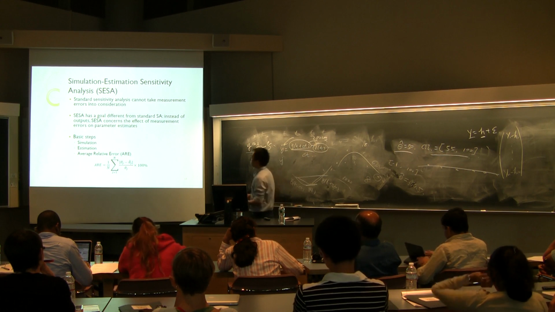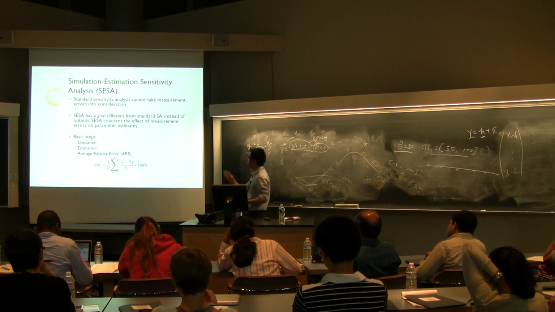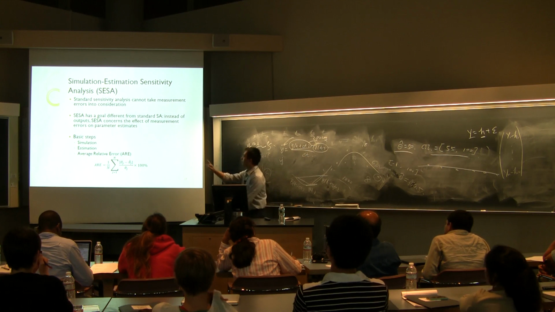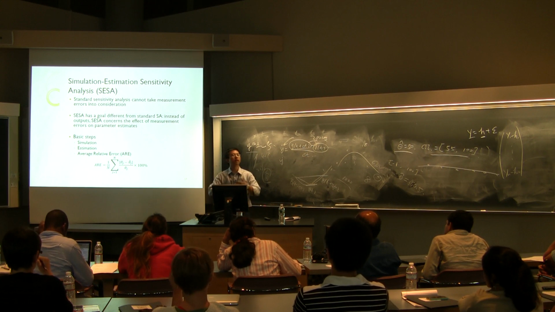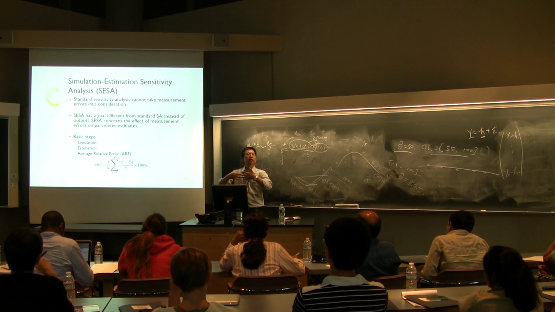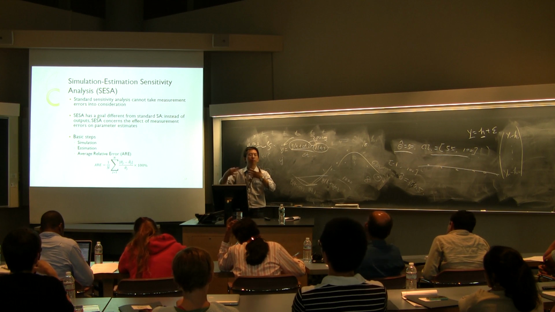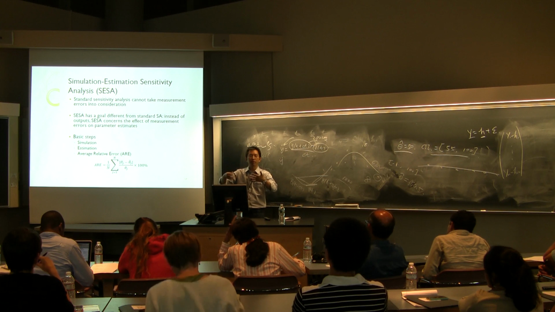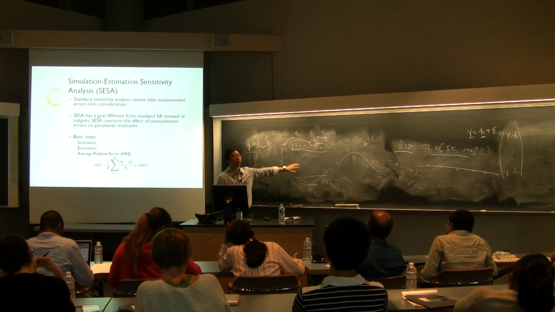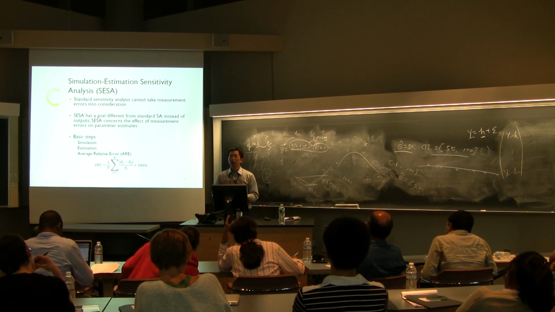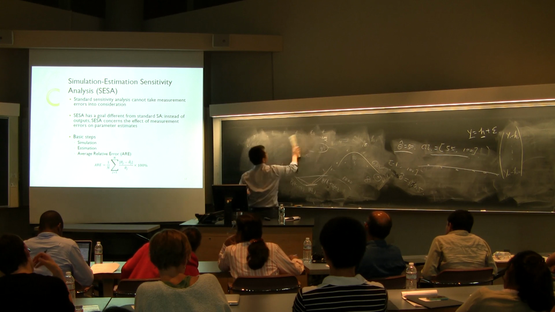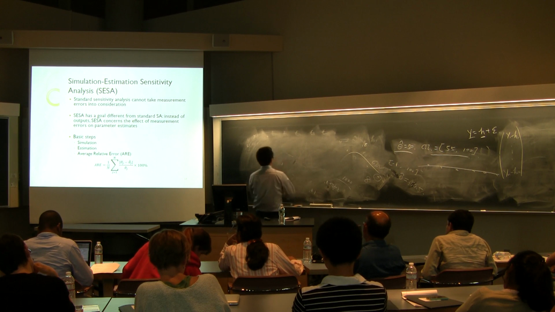So the basic steps are simulation estimation, and then we calculate the so-called average relative error. Simulation means we generate simulated data from the model and given parameter values. These given parameter values can come from the literature, like what we did here. Usually what we do is, we have a model.